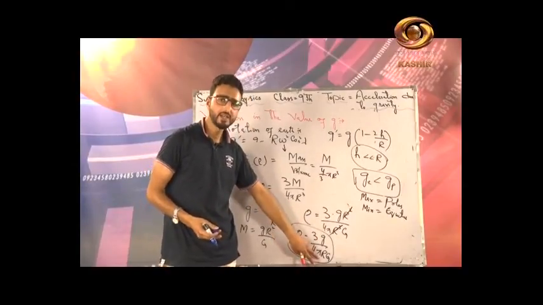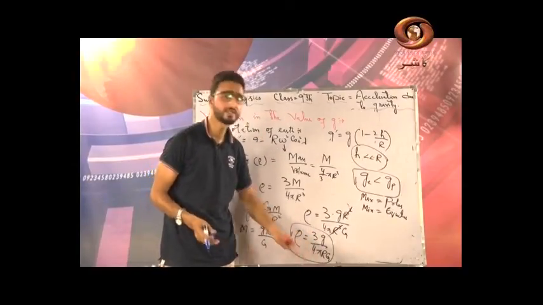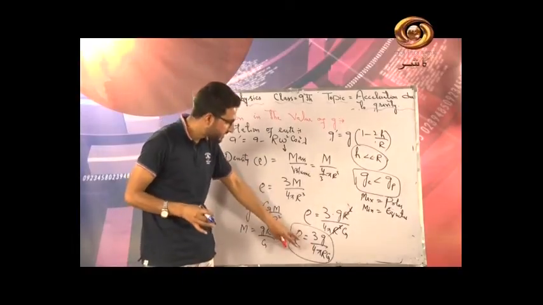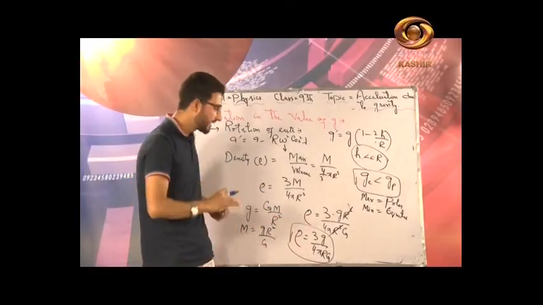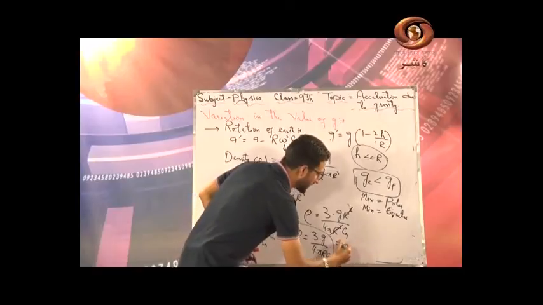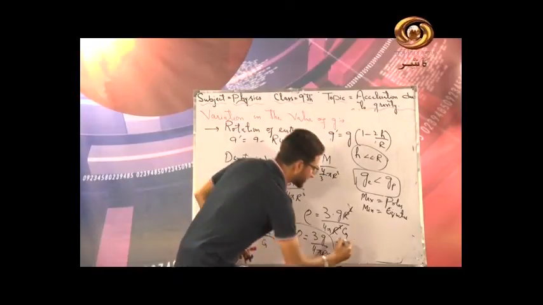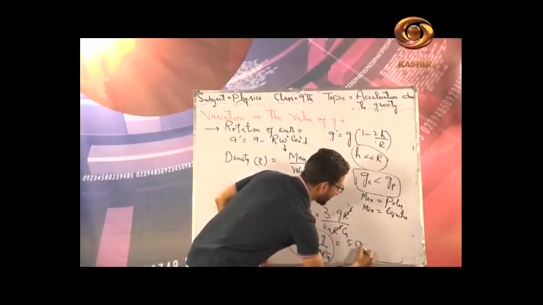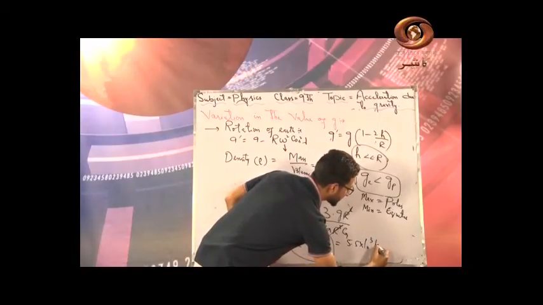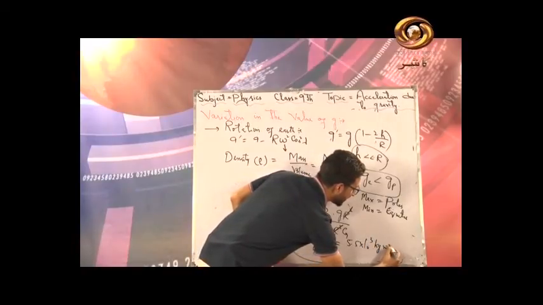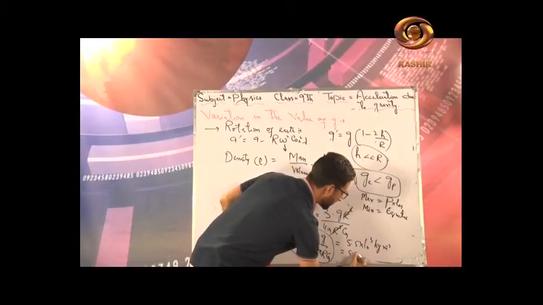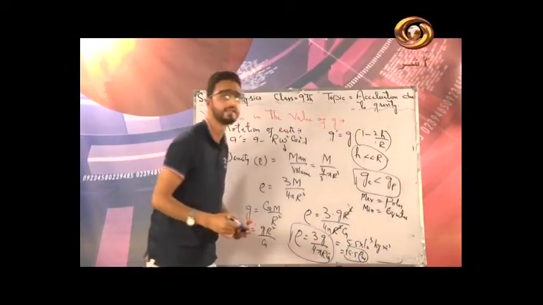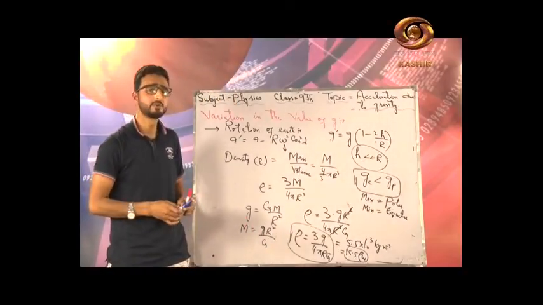You also know the radius of Earth and the universal gravitational constant. By substituting the values, you will get the value of mean density of Earth. This is 5.5 into 10 raised to power 3 kg per meter cube, that is simply equal to 5.5 times the density of water. This is the density of Earth in terms of density of water.